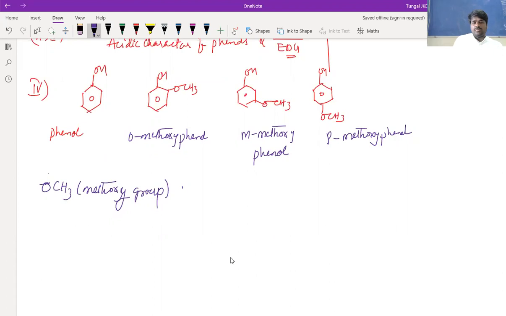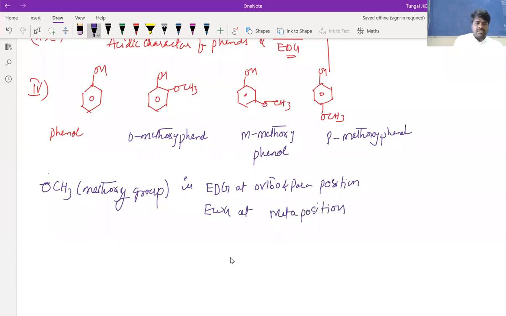Methoxy group is electron donating at ortho and para position, and electron withdrawing at a meta position.